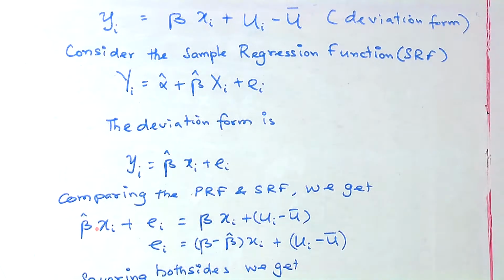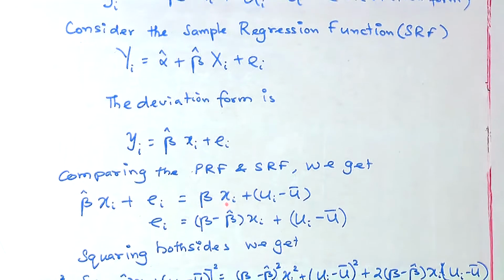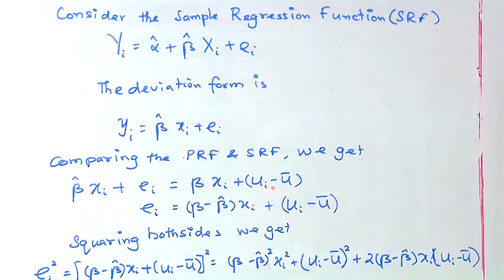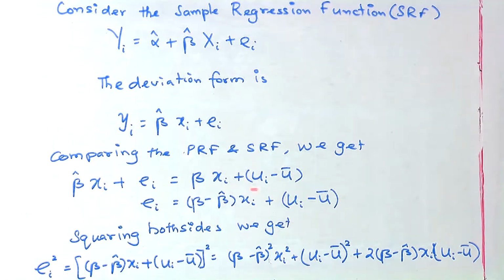So we get beta hat small xi plus ei is equal to beta small xi plus ui minus u bar. Actually, this is the SRF of small yi and this is the PRF of small yi. Now we are taking this term beta hat xi to the right hand side. So we can reduce this equation into ei is equal to beta minus beta hat small xi plus ui minus u bar.